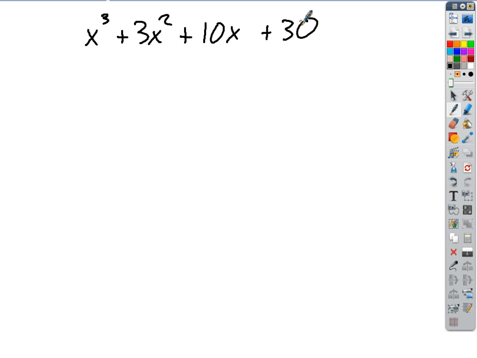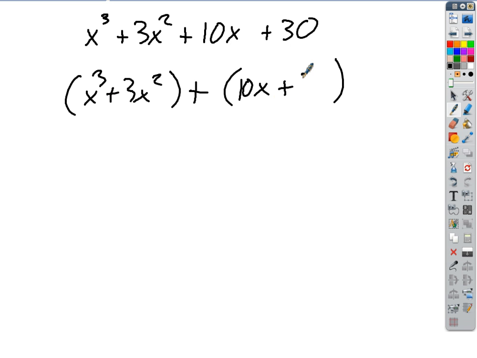Okay, this is the one that I think will be easiest for you because we've already done it this year. What's our strategy for 4 terms? Grouping. Factor by grouping. So we're always going to break it into 2 groups of 2 added together. Okay, and then what do we do to the first group?